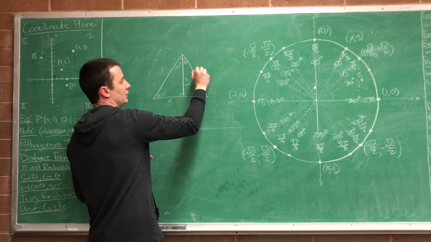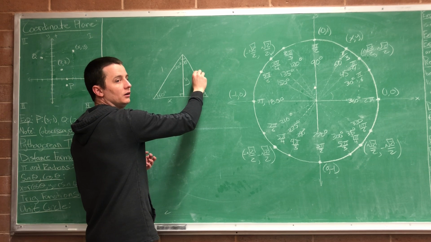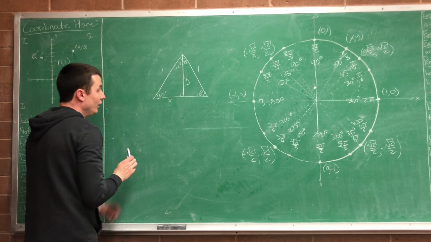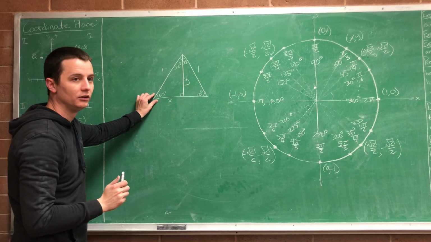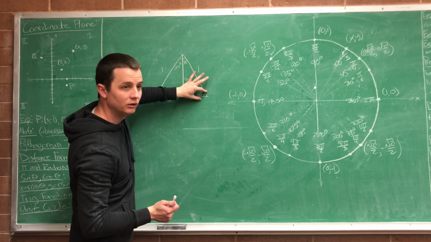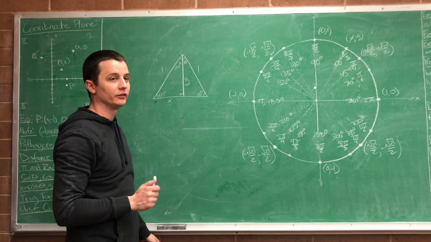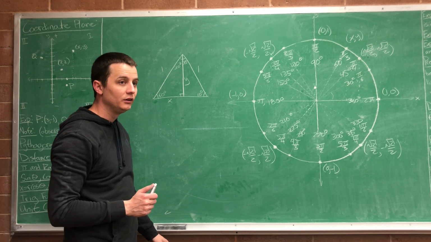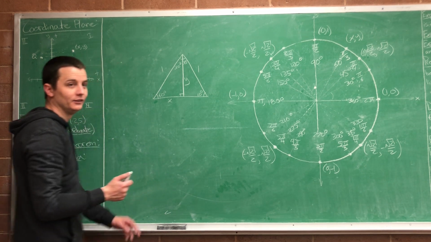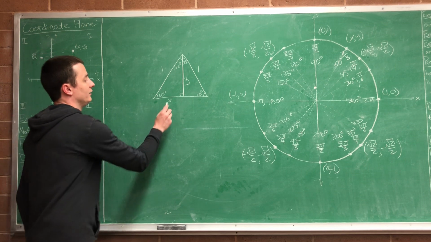And this side length right here is 1. Okay, perfect. So what's this angle? 60. What's this angle? 60. What's this angle? 60. So what kind of triangle is this? An equilateral triangle? Okay.